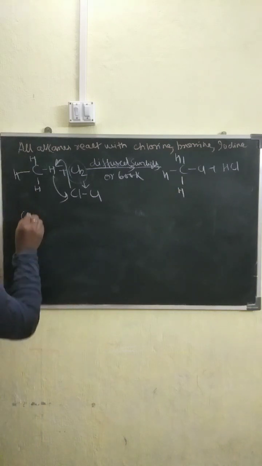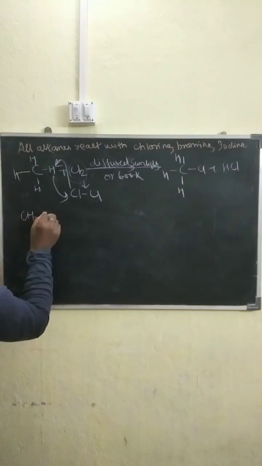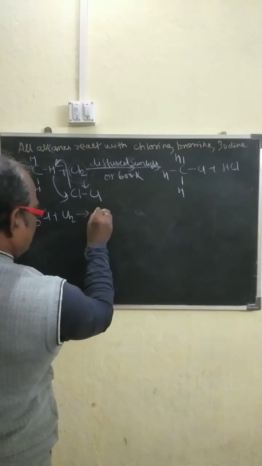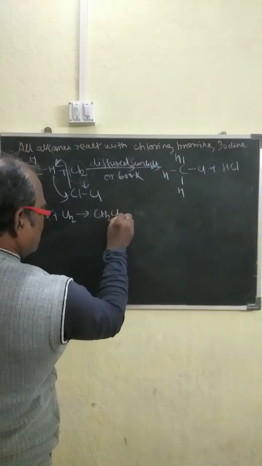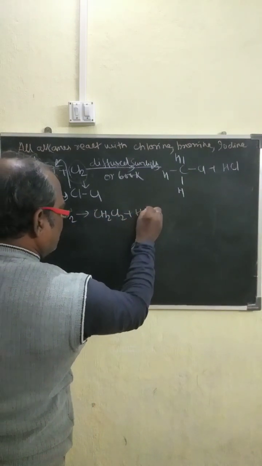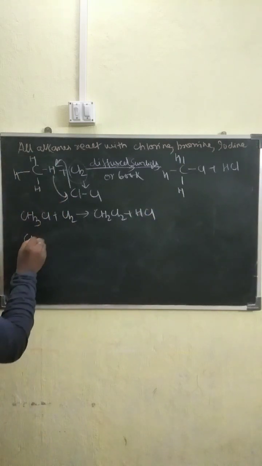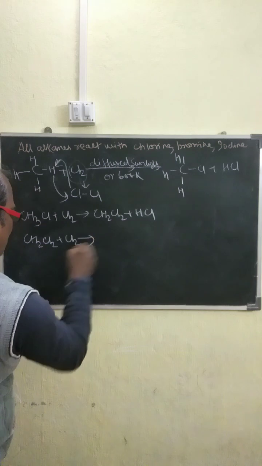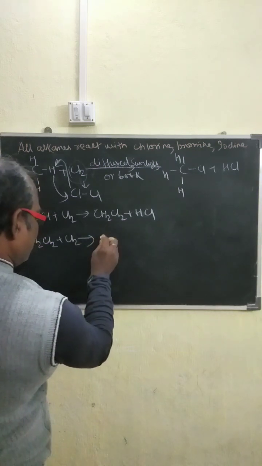In the same way, the product which we have got, CH3Cl, again with chlorine, produces CH2Cl2 plus HCl. Again CH2Cl2 plus Cl2.